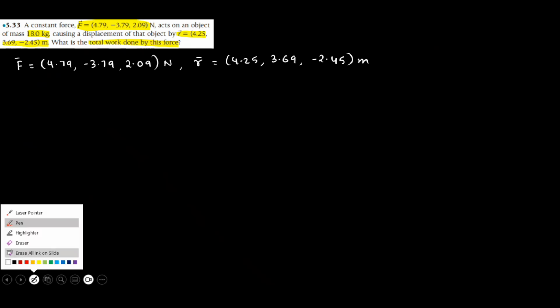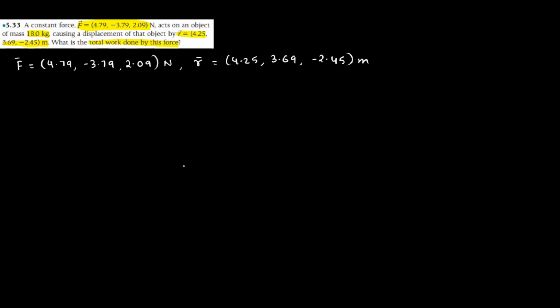Now, whenever force and displacement are written in terms of their vector coordinates or in vector format, where they give you the value of F as, let's say, just as an example, x cap plus 2y cap plus 8z cap, we use the dot product of force and displacement to find the work.